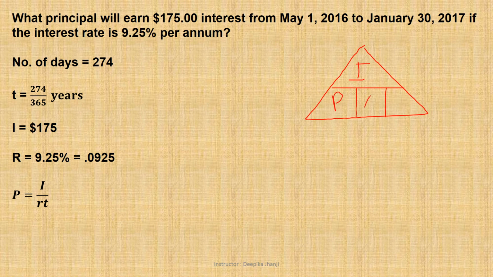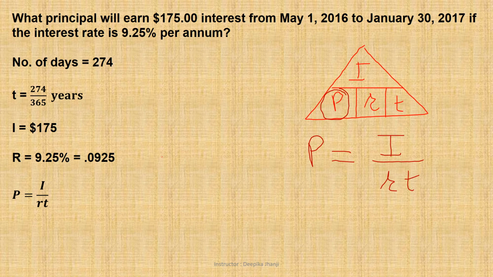So P, R, T. Now using this triangle, whatever we want to figure out, let's say in this question, we want to figure out the principal, right? So we'll isolate P on one side and everything else goes on the other side. I stays on the top and R and T go at the bottom. So P is equal to I upon RT.